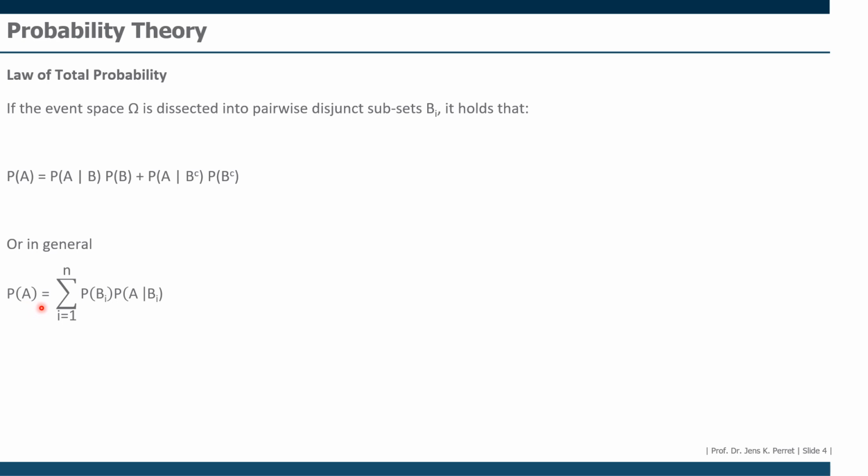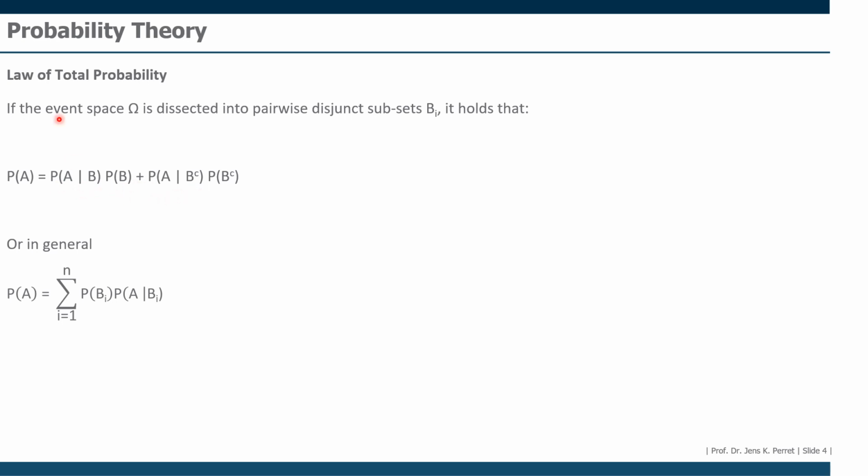However, there's also a different way to think about the total probability. We said there are disjunct subsets which make up the event space omega. So the probabilities of B_i happening, if I take all of them, add up to 100%. So they are like weights, weights of the conditional probabilities.